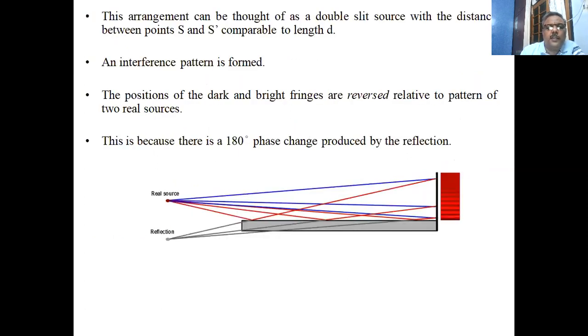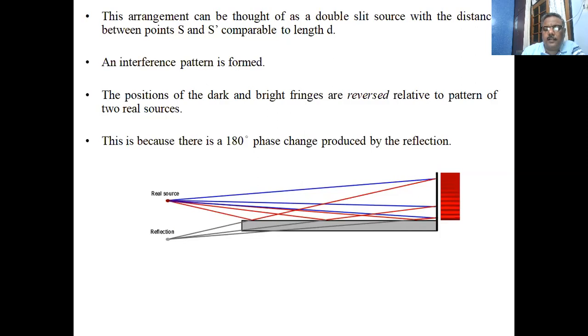This can be thought of as a double slit source, with the distance between the points S and S dash comparable to the small d, that is the distance between the virtual sources. The positions of the dark and bright fringes are reversed relative to the pattern of two real sources, because after reflection a phase change of 180 degrees is introduced, since the light is getting reflected from the denser medium.